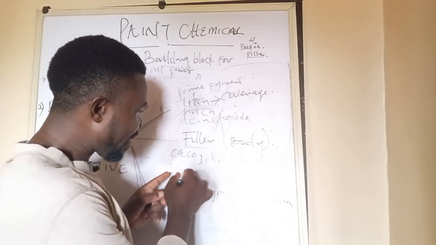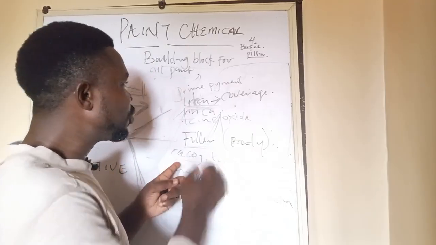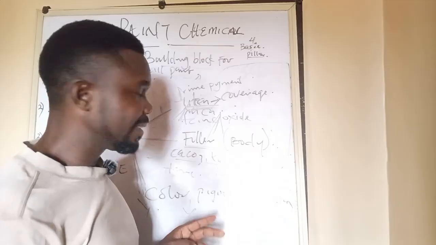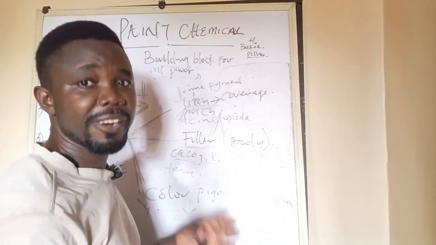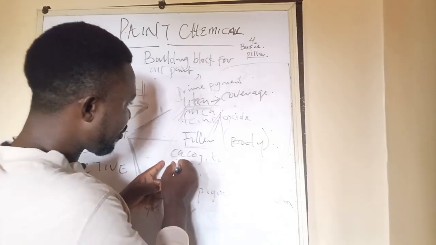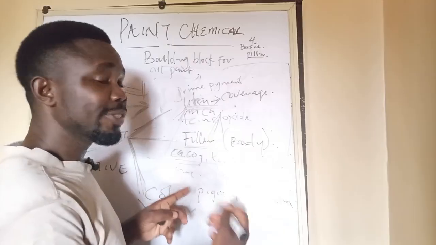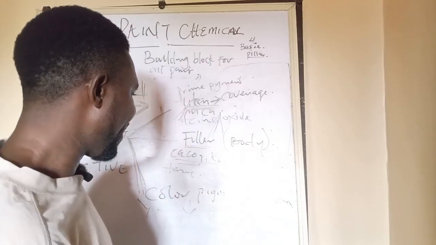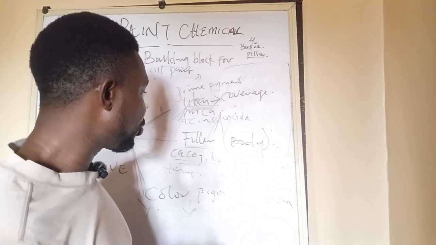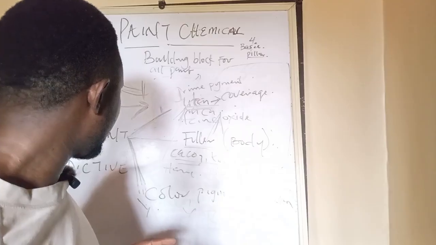But in a case where you have these fillers, you use a minimal amount of your titan. That is why I said it helps coverage. Your filler also gives body to the paint. So those are their multidimensional functions in the paint.